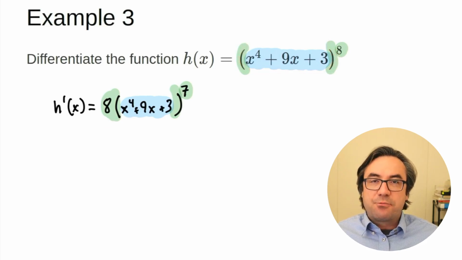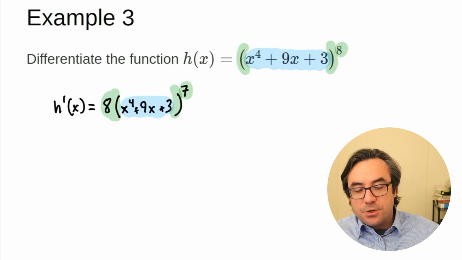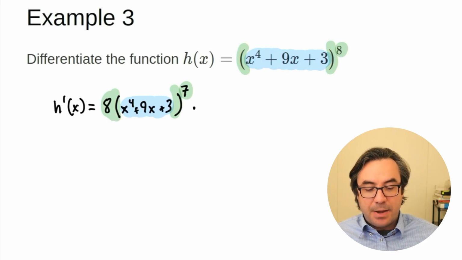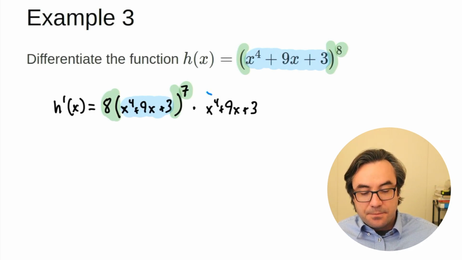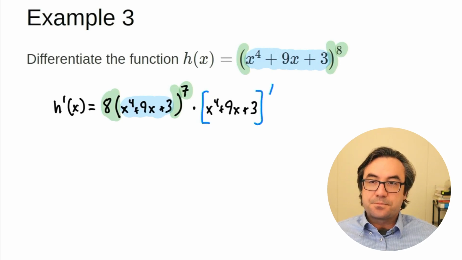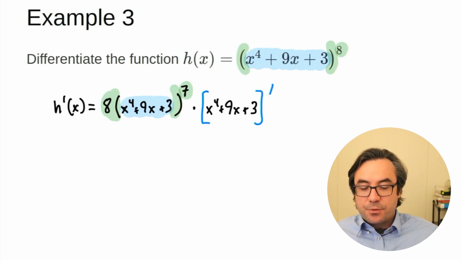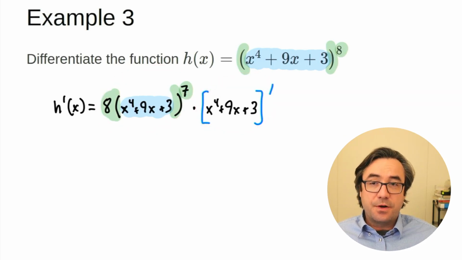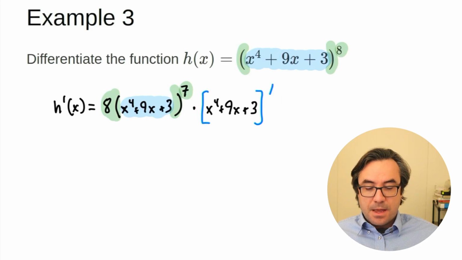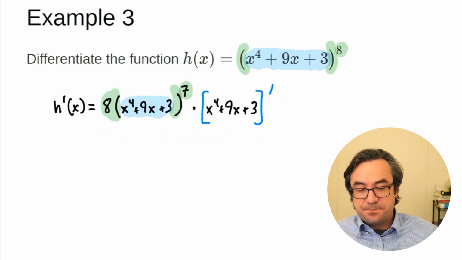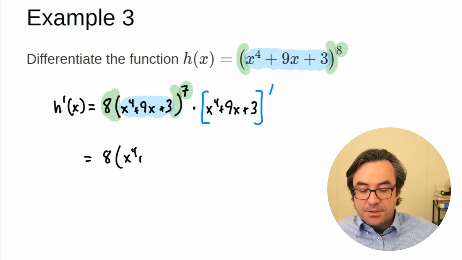Now we've broken our way through, so we want to multiply by the derivative of all those terms that are inside. So we have the derivative of our outer function times the derivative of our inner function. And then we just finish this off. So we have the 8, and all this part we're done with.